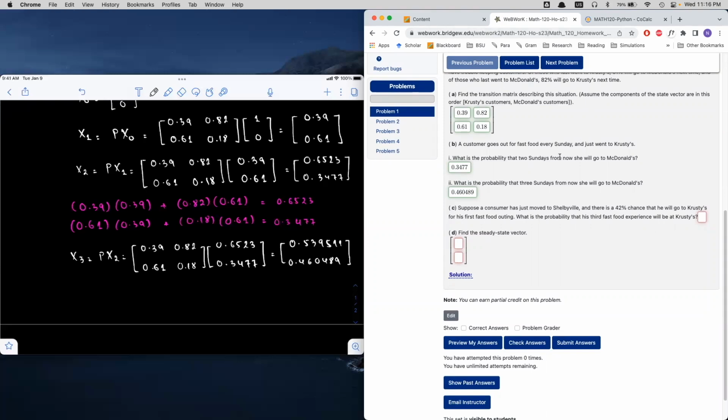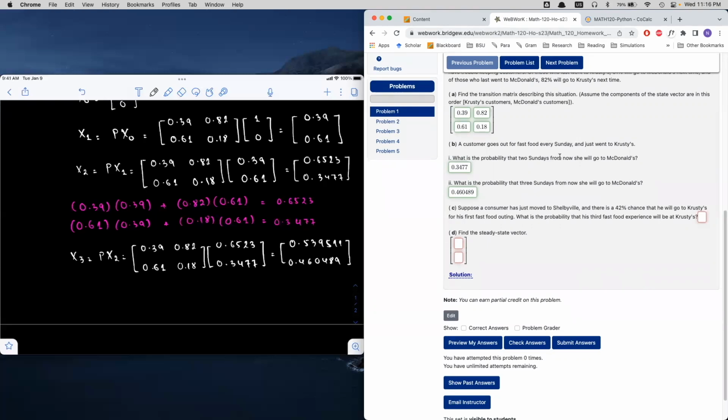In part C, suppose a customer has just moved to Shelbyville, and there is a 42% chance that he will go to Krusty for his first fast food outing. What is the probability that his third fast food experience will be at Krusty's? So the initial matrix is going to be different.